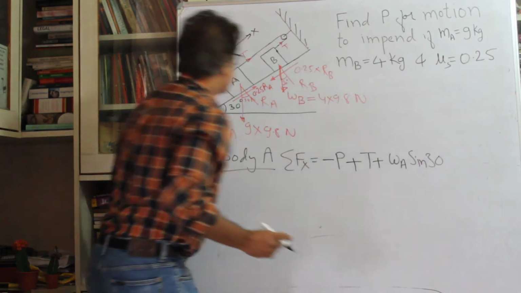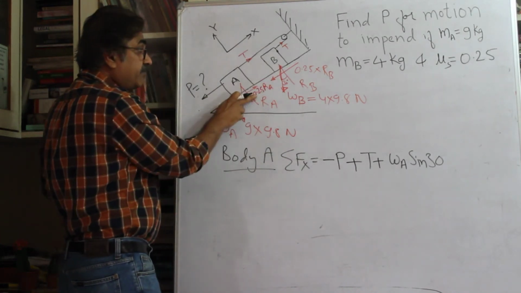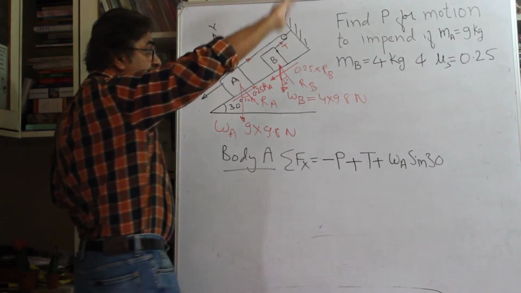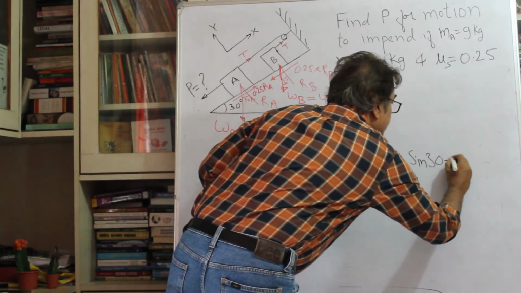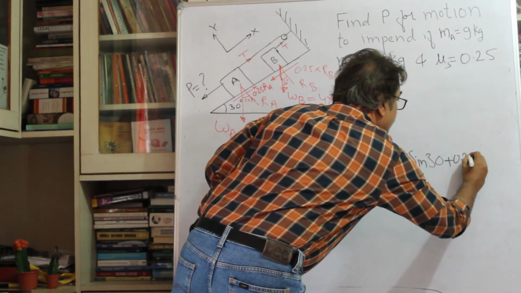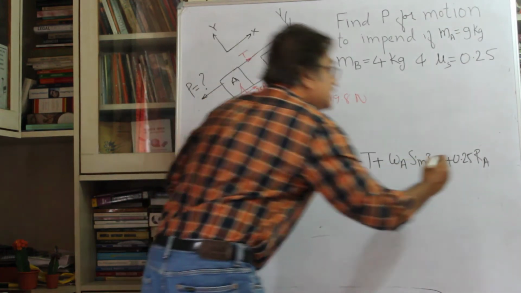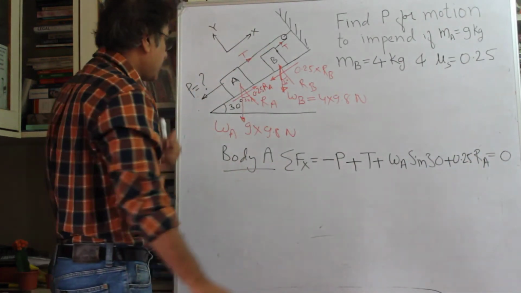There is a frictional force, 0.25 RA upward, that means along the surface towards right, so it's going to be plus 0.25 RA, right? This is equal to 0.